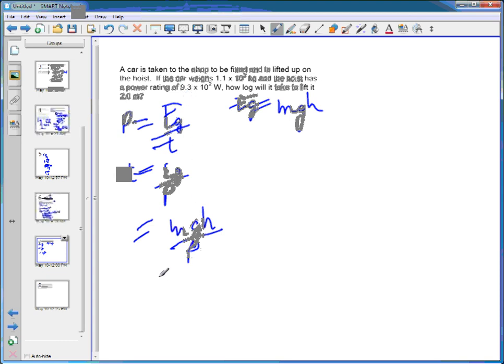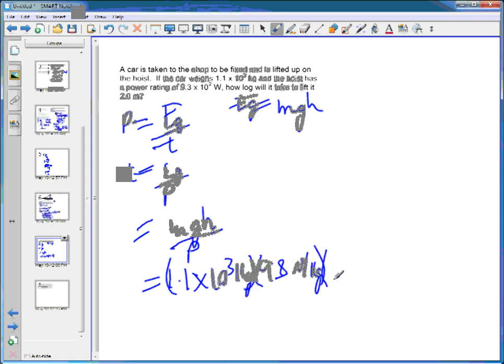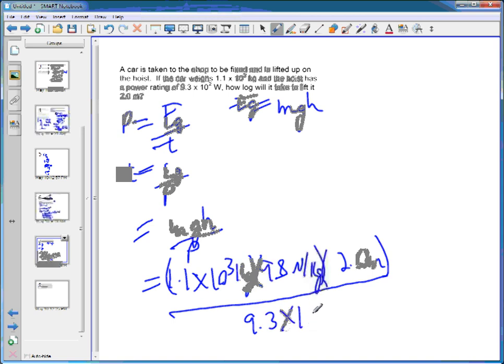We can calculate this. It equals mass, 1.1 times 10 to the 3 kilograms, times g, 9.8 newtons per kilogram, times a height of 2.0 meters, divided by a power of 9.3 times 10 to the 2 watts.